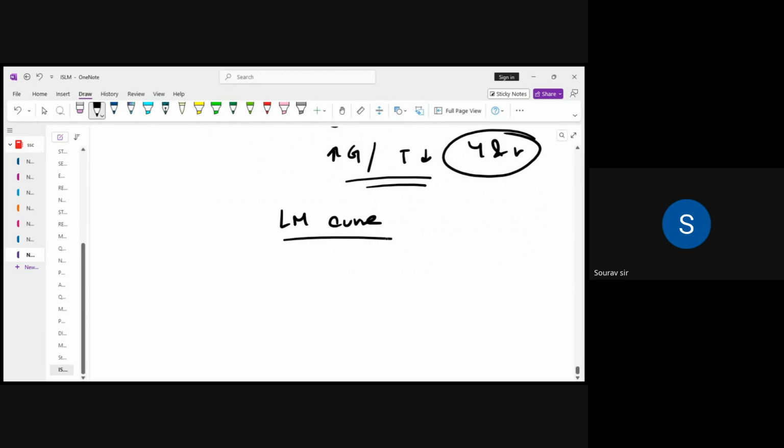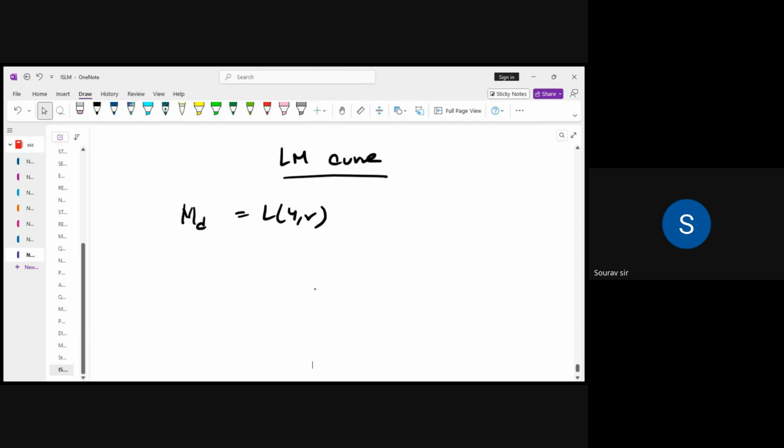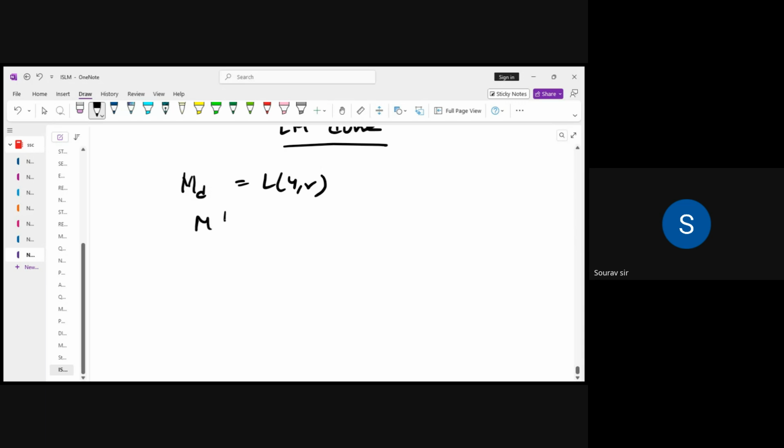What do we have for the LM curve? The Keynesian demand function for money is expressed as L(Y, R). In linear form, how can we write it? C0 plus C1Y minus C2R, where C1 is greater than 0 and C2 is greater than 0.